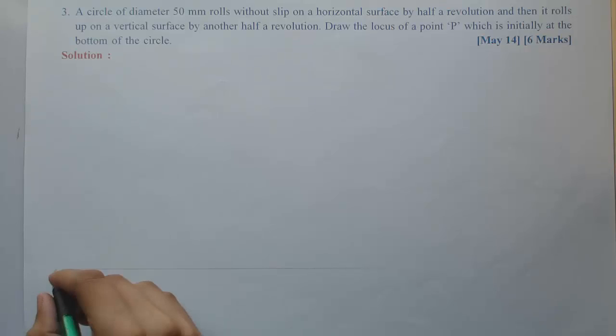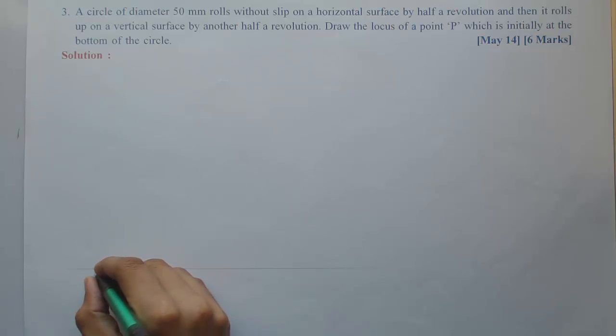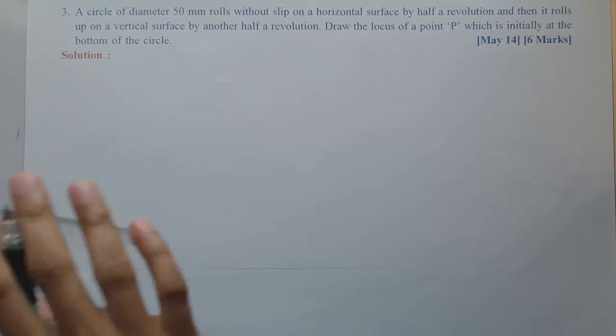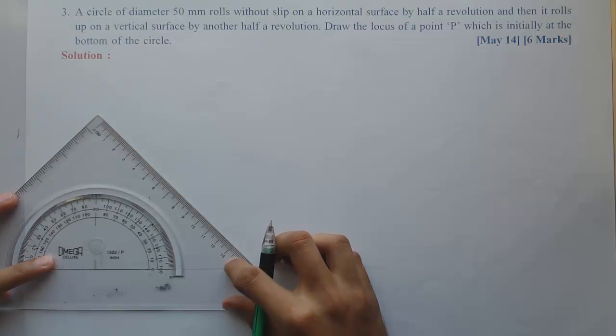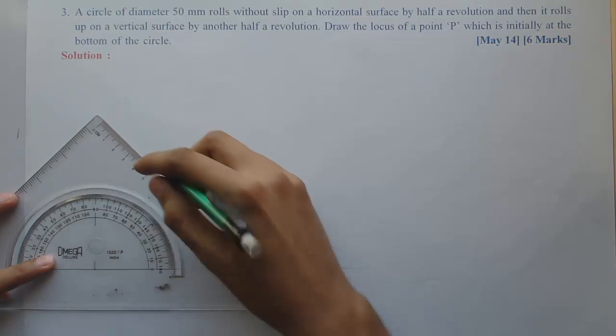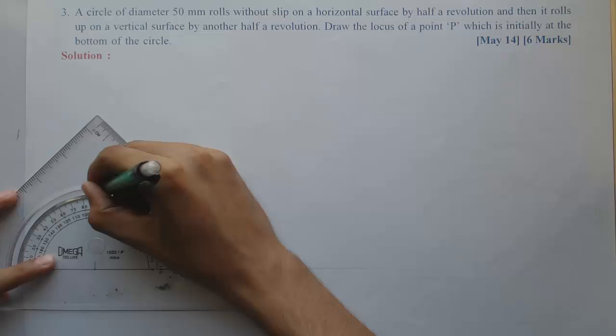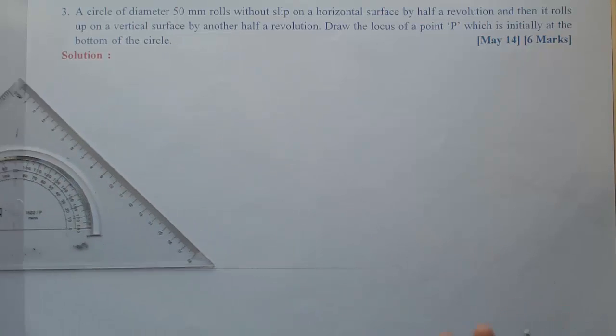Suppose I start from here, so again the same procedure: marking the perpendicular and drawing the diameter of the circle to mark the initial position, because initially it is rolling along the horizontal surface. We'll assume that the circle will roll towards the right.